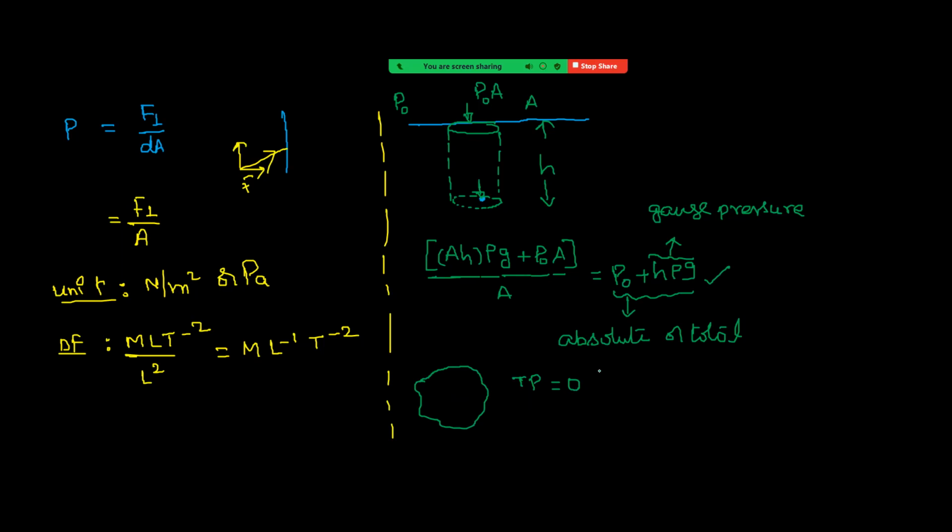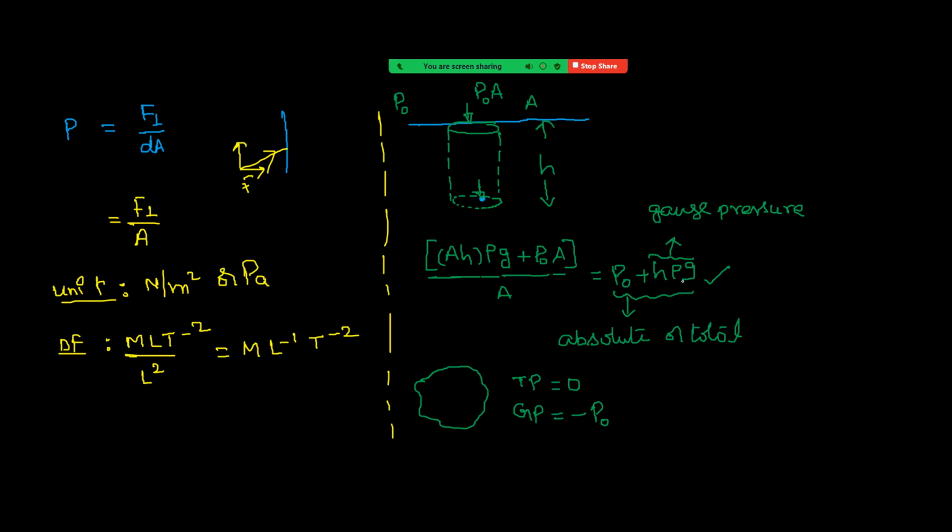So what is the absolute pressure or total pressure? That is 0. When it comes to gauge pressure, what is the extra value over the atmospheric value? That is minus P naught.